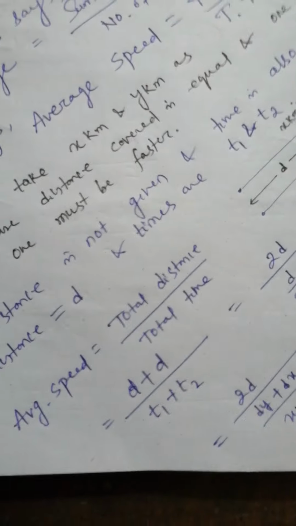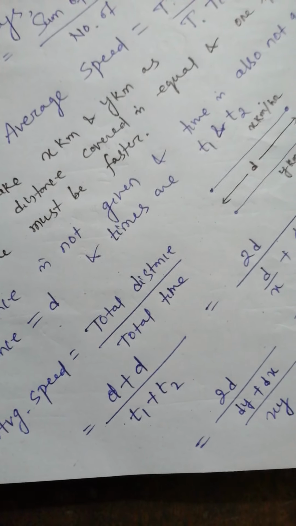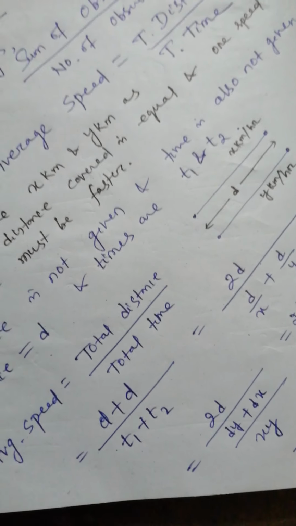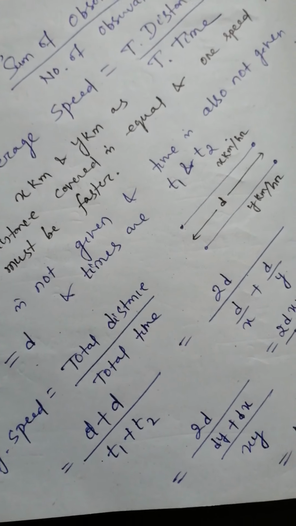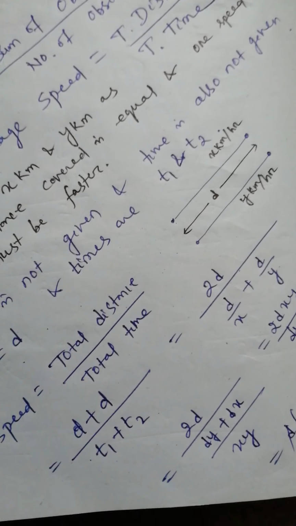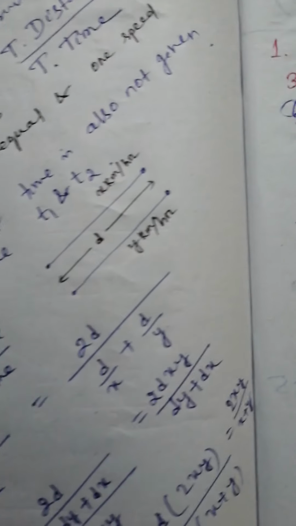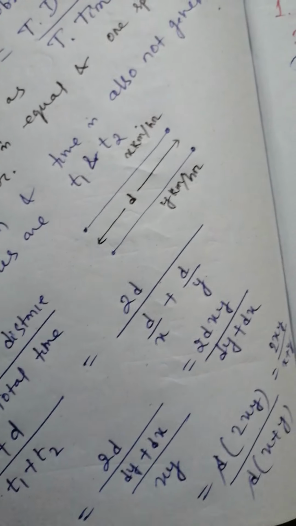So, I will first of all write down the formula average speed equal to total distance divided by total time. So, what is the total distance? Distance for first speed and distance for second speed, that is d plus d divided by time 1 and time 2, so t1 plus t2. This equals 2d divided by t1 plus t2.